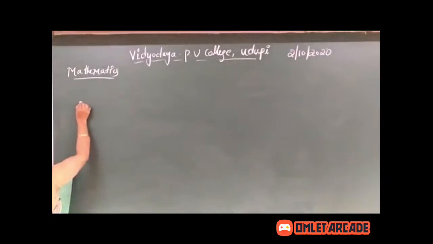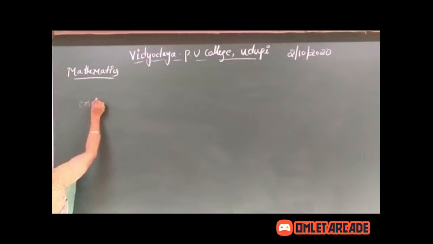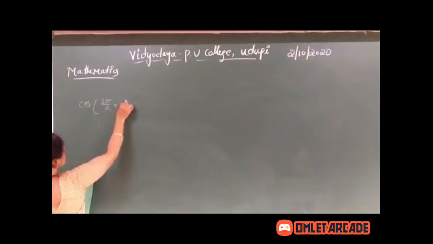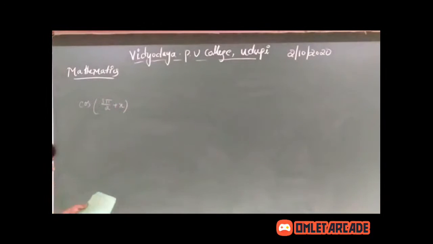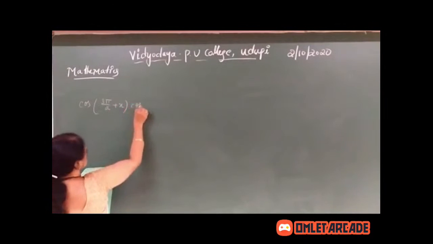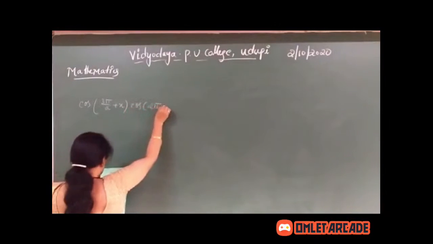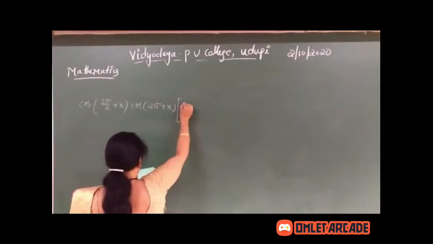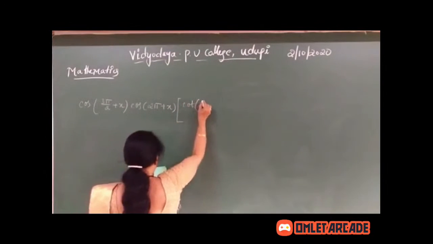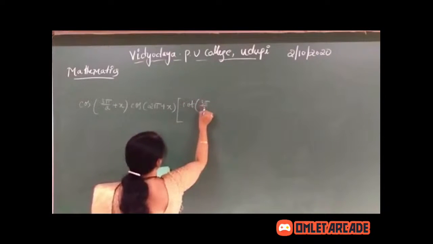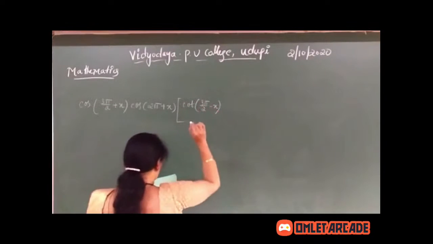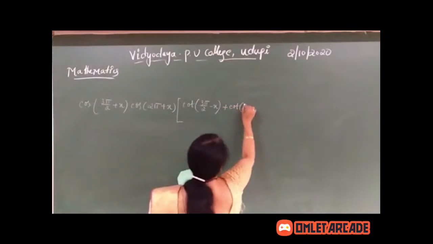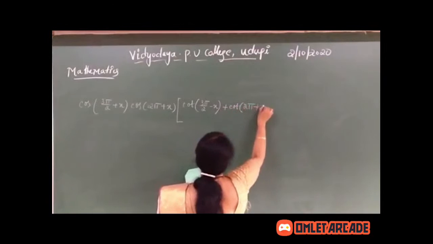Next one, this problem is important. Cos of 3 pi by 2 plus x into cos of 2 pi plus x into cot of 3 pi by 2 minus x plus cot of 2 pi plus x.